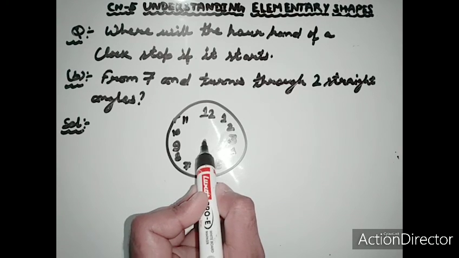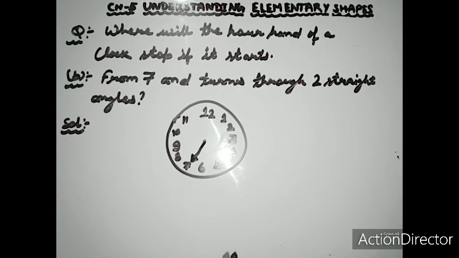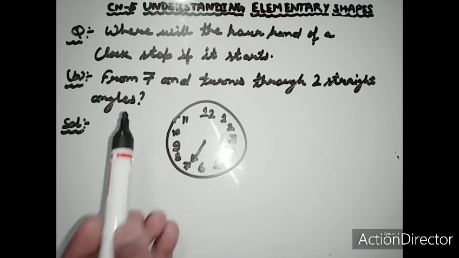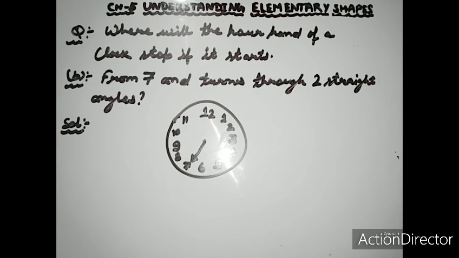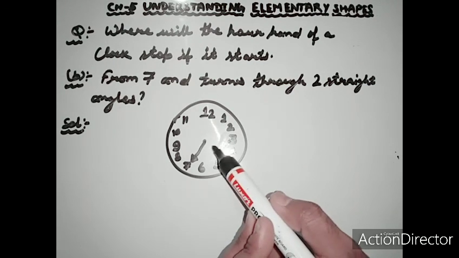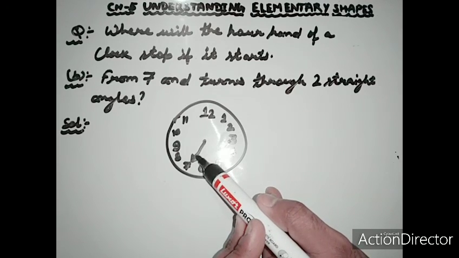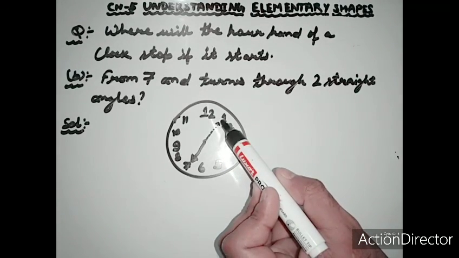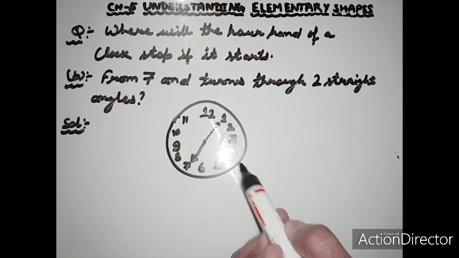And it starts from 7 and turns through 2 straight angles. Now students, you all know what is the meaning of 2 straight angles here? It means it moves from 7 to 1, right, and 1 to 7 again.